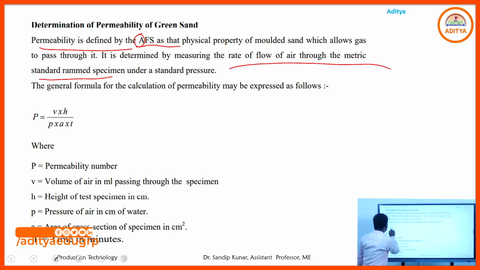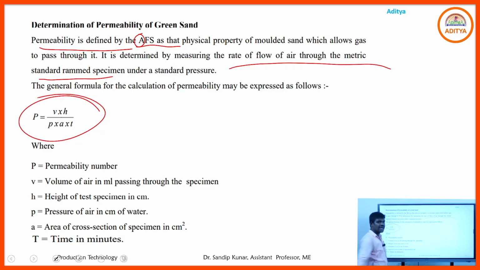We use P equals V into H by P into A into T. Using that formula we measure the permeability, where P is the permeability number, V is the volume of air in milliliters passing through the specimen, and H is the height of the specimen.